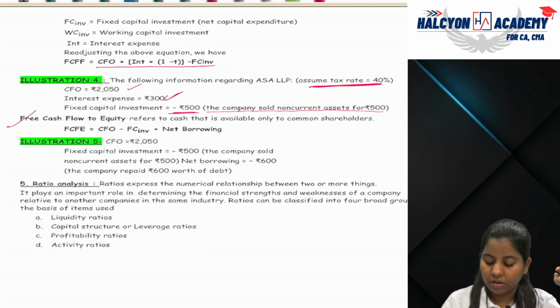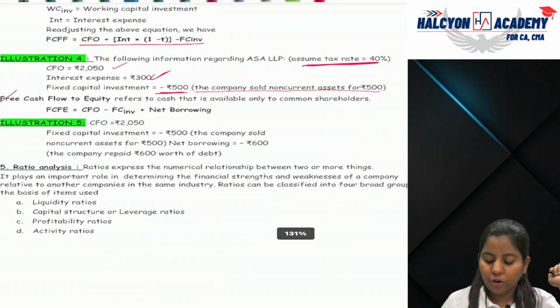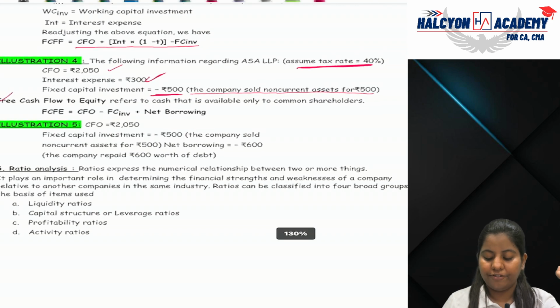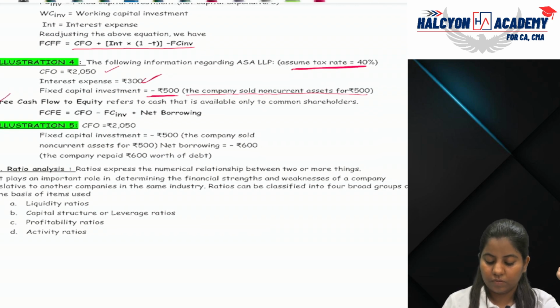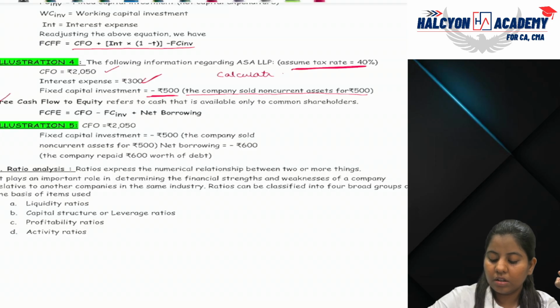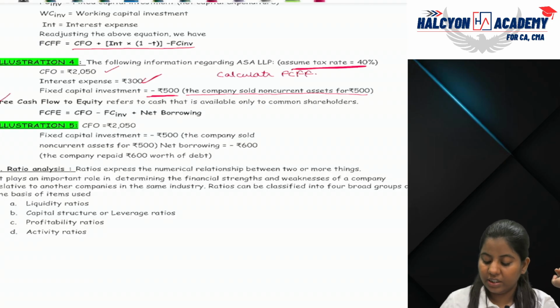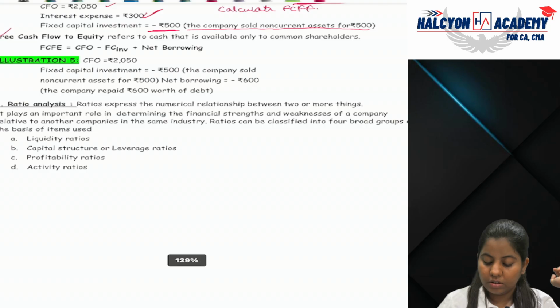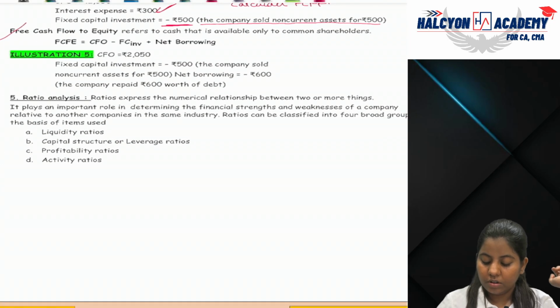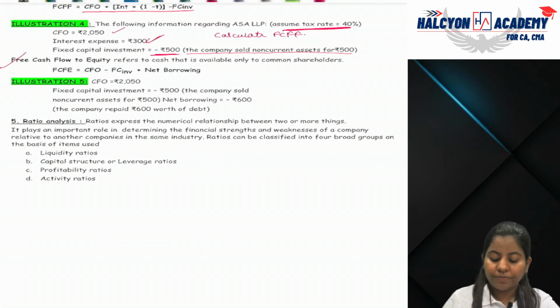What we have to find out? We have to find out FCFF. It is not given in the question. Please write: calculate FCFF. So what is the formula?